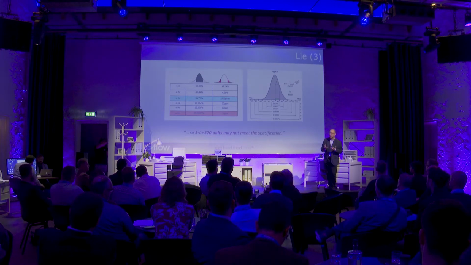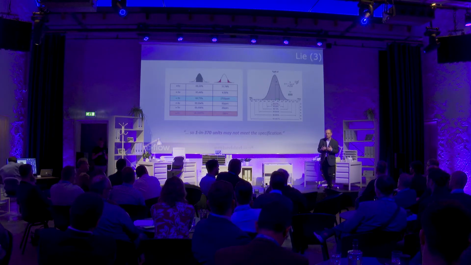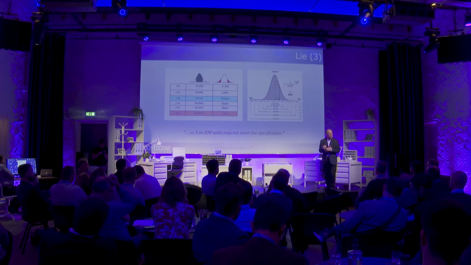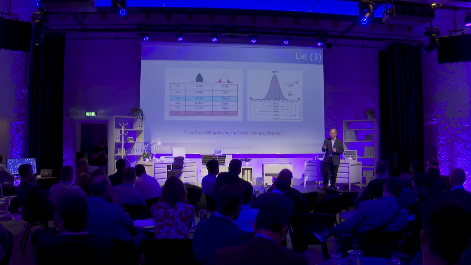It's not something you can scale a battery on, because by definition, 1 in 370 units are going to require you to send out a service engineer to change the battery. Or, 1 in 500 units are going to have a much lower battery life than what you expected it to have.